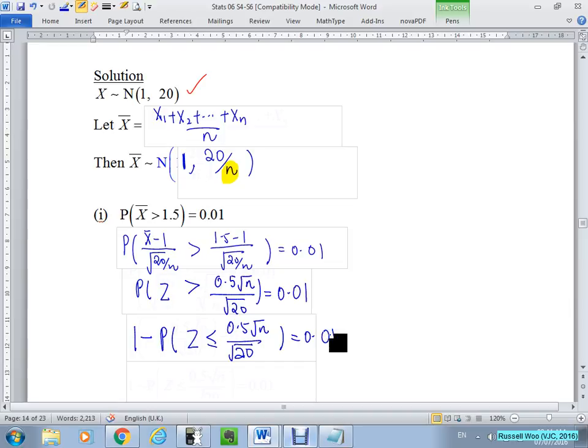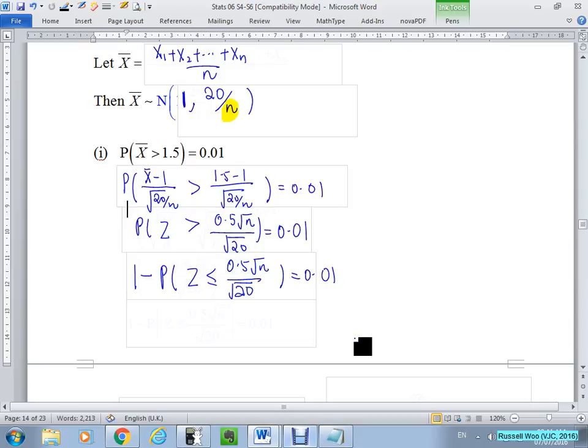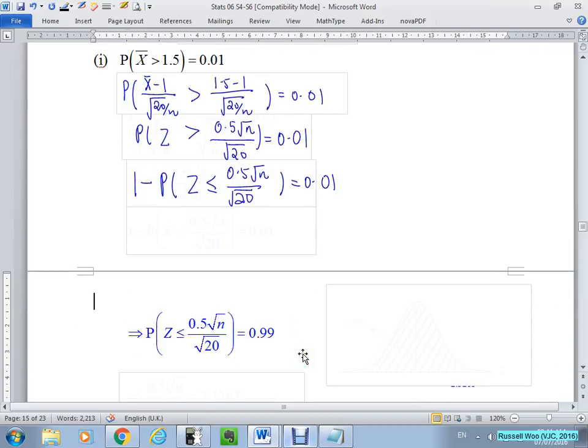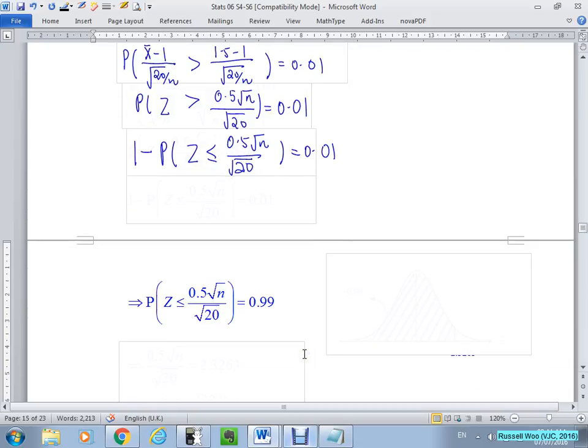Then this one can be lazy. So now we can inverse norm.